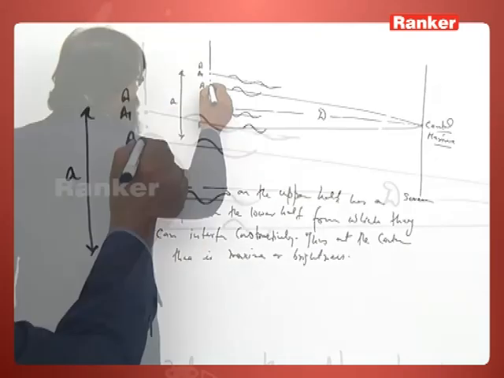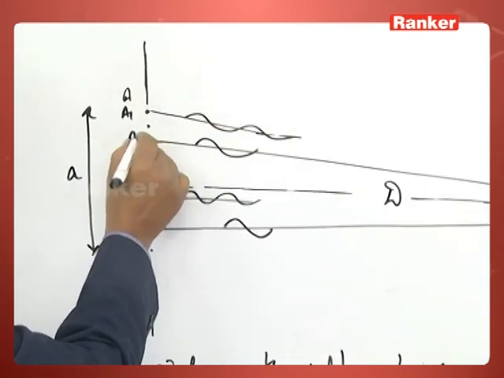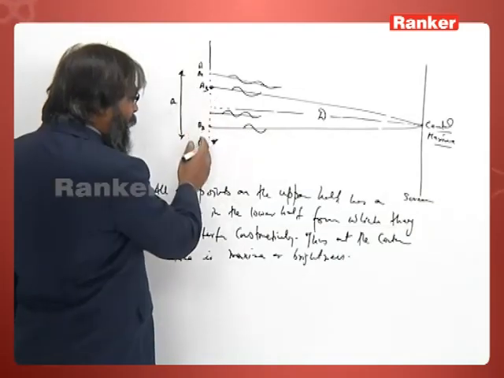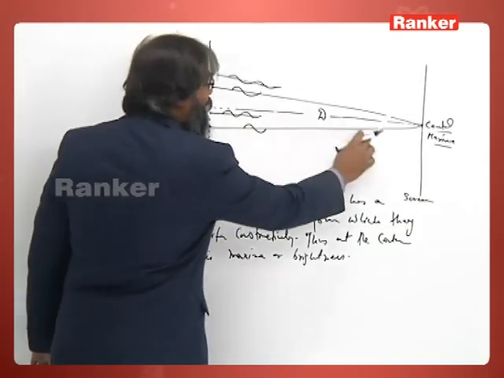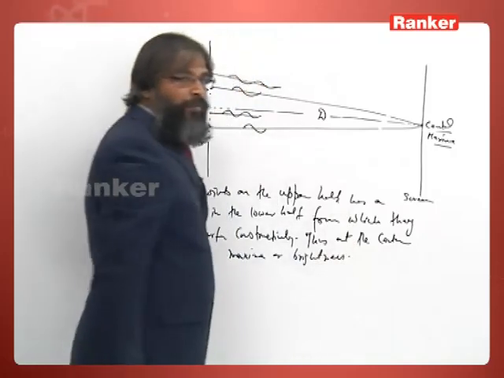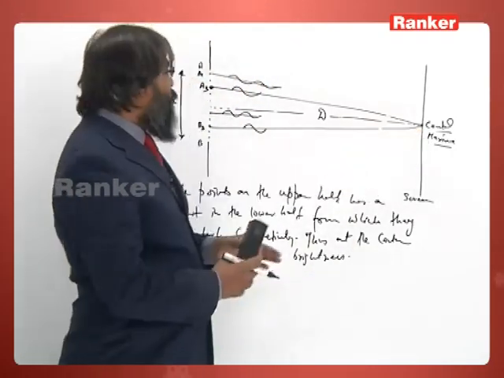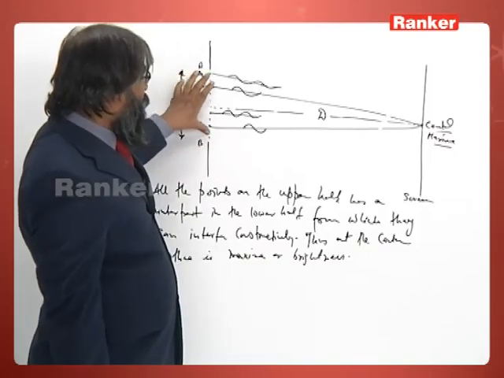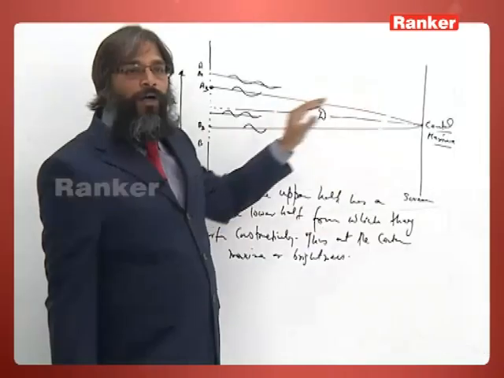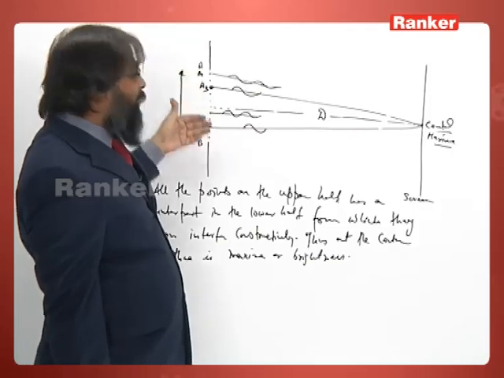Now, to each secondary source in the upper half, there is a counterpart in the lower half which superposes constructively, therefore, you get a maximum. So, the maximum is because of the constructive interference of each one with its counterpart.